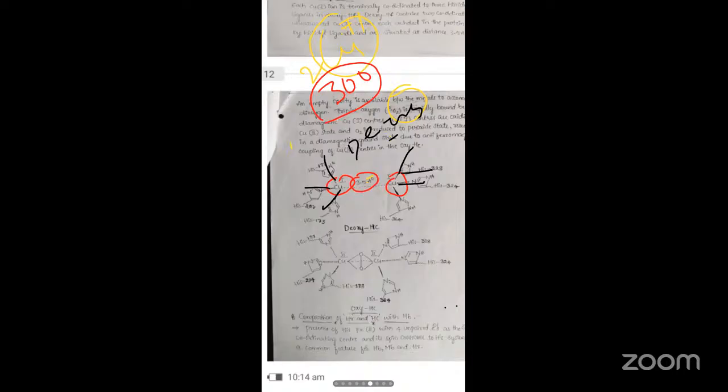Deoxyhemocyanin. Here copper is in a 4 coordinate sphere. 4 coordinate means 1, 2, 3. This bond is a weak bond, so now it is 3 coordinate. Then it binds with the oxygen. How does it bind? Side on terminal. This oxygen binds with both coppers, like this.